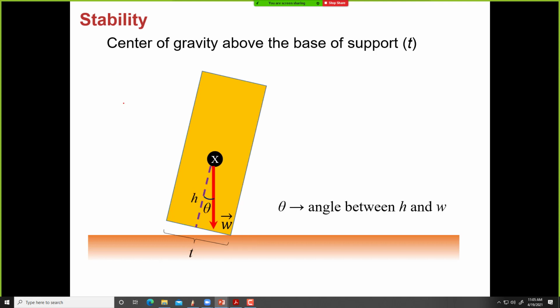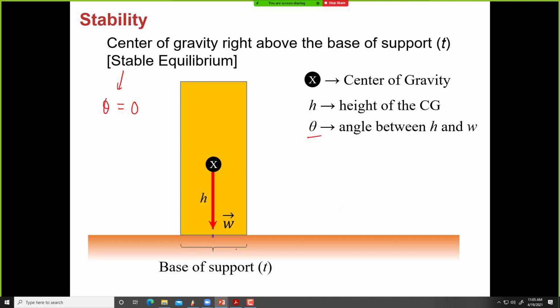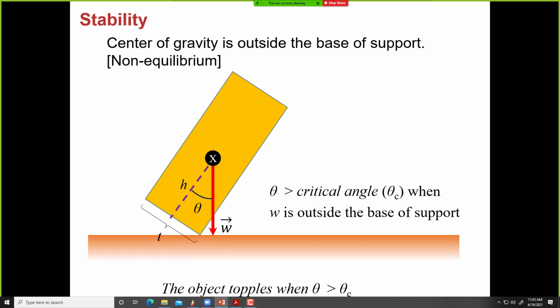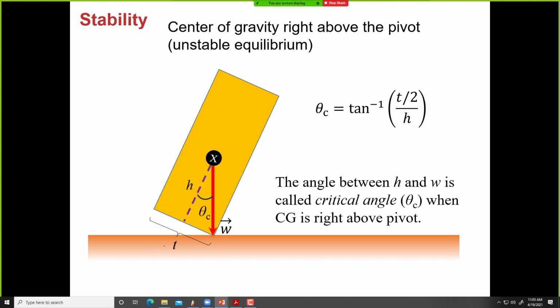Now when you tilt it, you'll have some angle between H and W. And also this weight is still within the base of support. Okay? If you let go of this object, it will still go back to its original state. It will go back to the stable equilibrium. If you further increase it, it will reach a point where the weight is exactly above the pivot.